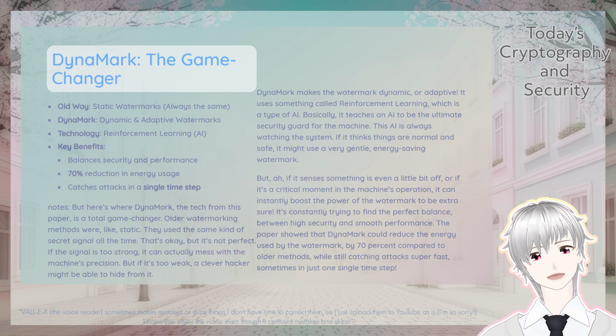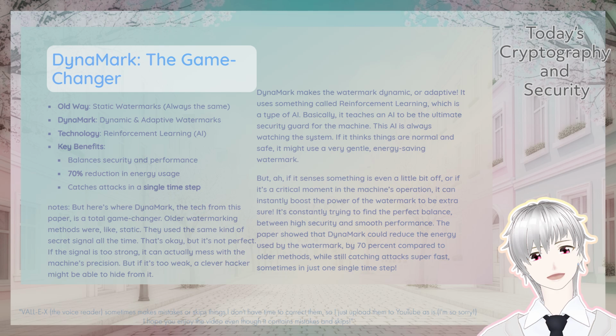Basically, it teaches an AI to be the ultimate security guard for the machine. This AI is always watching the system. If it thinks things are normal and safe, it might use a very gentle, energy-saving watermark. But if it senses something is even a little bit off, or if it's a critical moment in the machine's operation, it can instantly boost the power of the watermark to be extra sure.